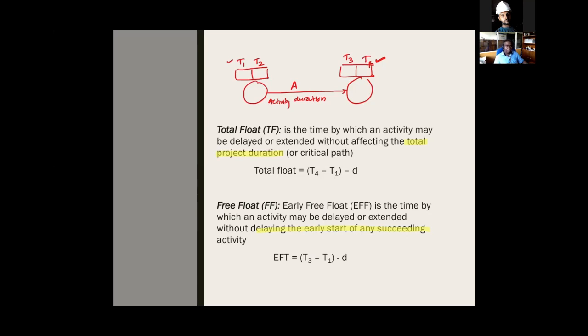So the amount of time that an activity can be delayed in such a way that the next activity is not delayed. Earlier, we only worried about the project duration, not the next activity, right? All the next activities may be delayed, but the project duration should be kept the same. Free float, no, you can't delay if the next activity is delayed.